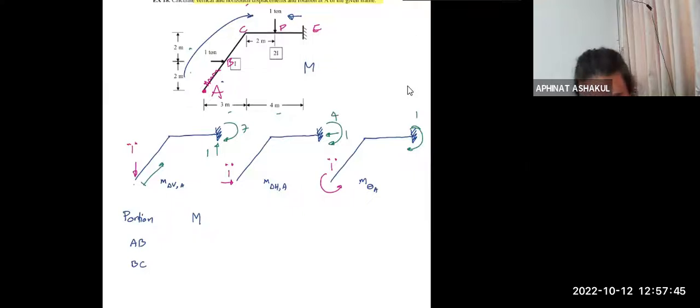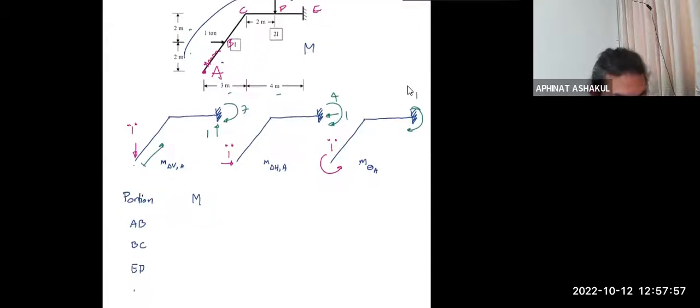E is not a free end. So starting from E would be easier than starting from C, because I don't need to rotate my force. Correct? So let's call it ED, so that I start from E and then C.